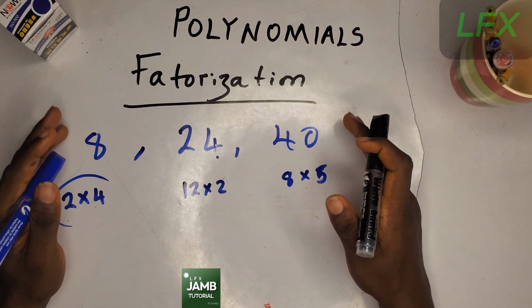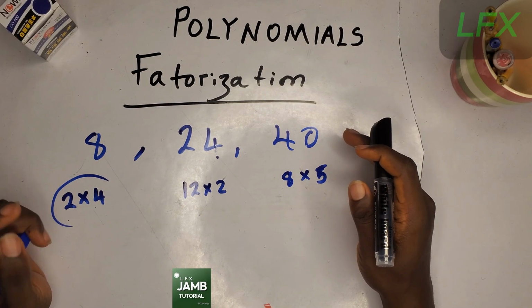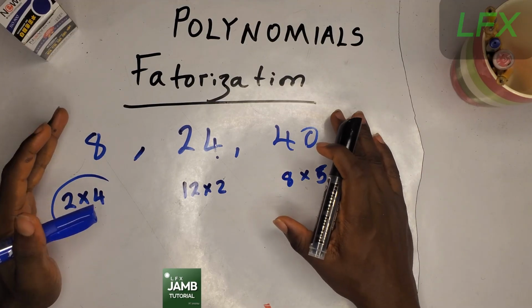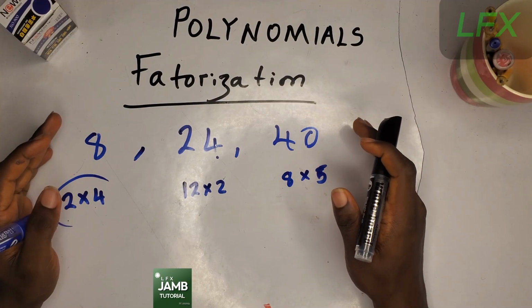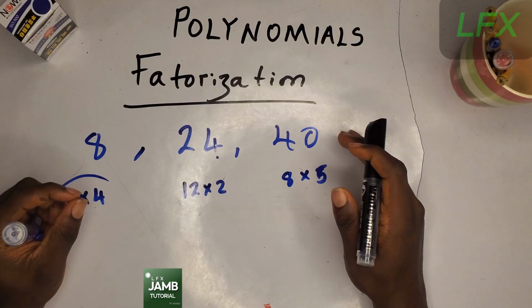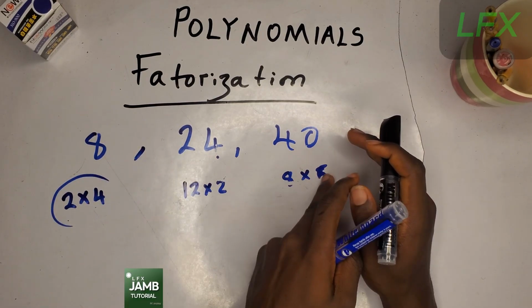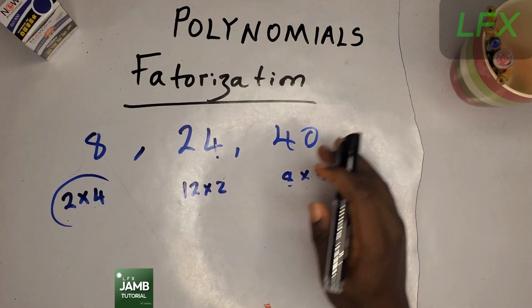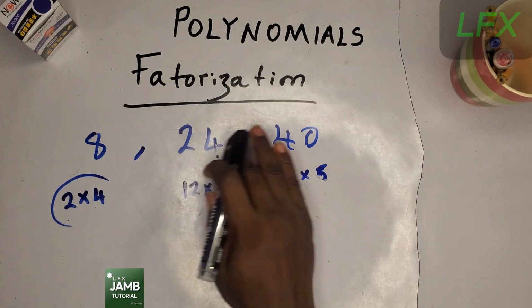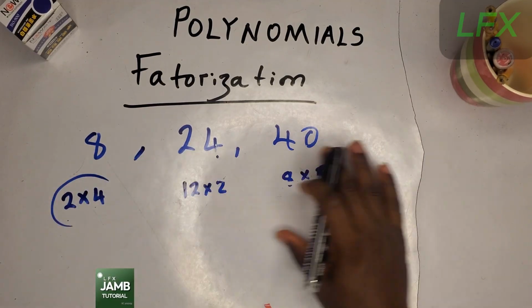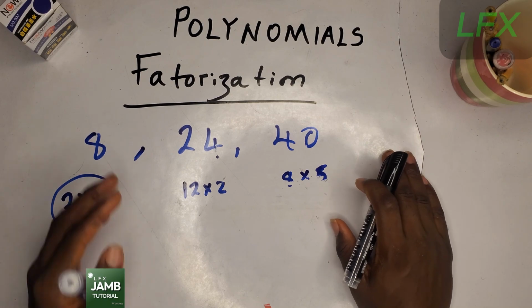Now, there is a way to work factorization. Just two major rules. Firstly, you find the HCF, the highest common factor. A polynomial has several terms. So when there is a term, another term, another term, we find the highest common factor among all the terms.